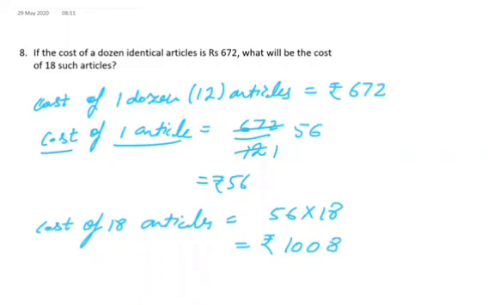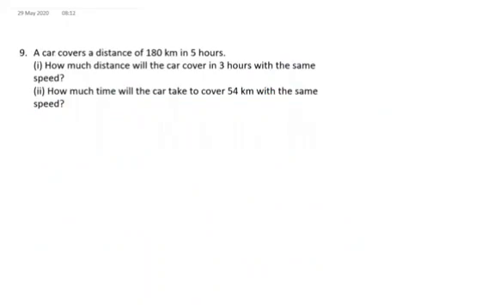Next question says, a car covers a distance of 180 kilometers in 5 hours. How much distance will the car cover in 3 hours with the same speed? So distance in 5 hours is equal to 180 kilometers.